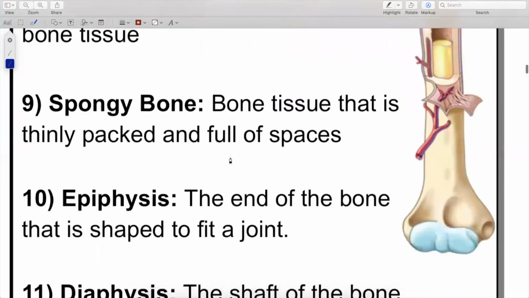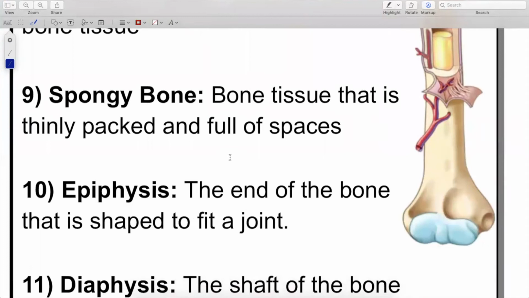Number 10, epiphysis, the end of a bone that is shaped to fit a joint. Right here, this is the end of a bone. No, it is not a structure. All right, this piece of bone is not called an epiphysis. An epiphysis is a location. This location has a bunch of structures. This epiphysis location has compact bone and some spongy bone.